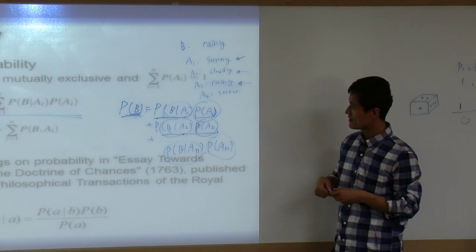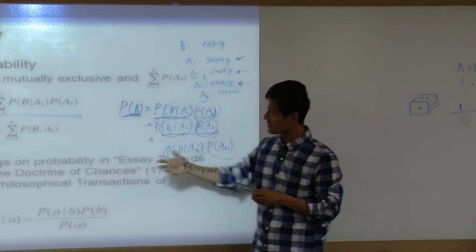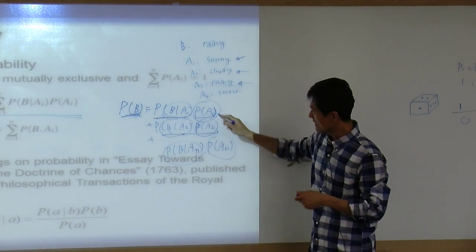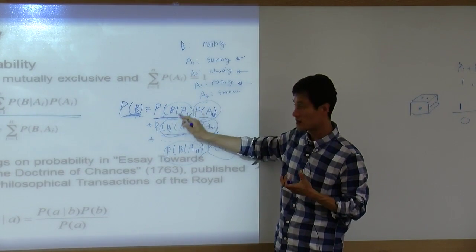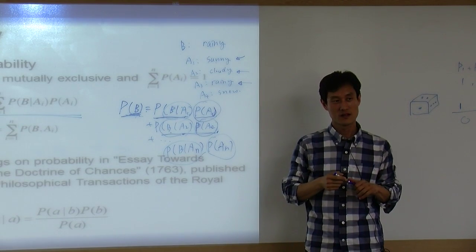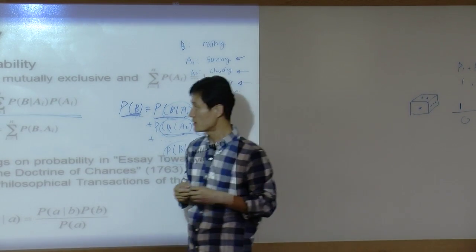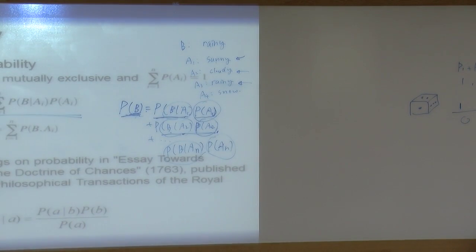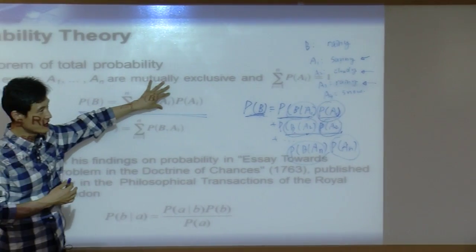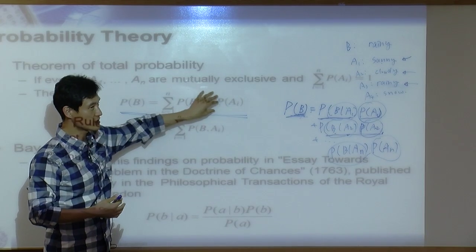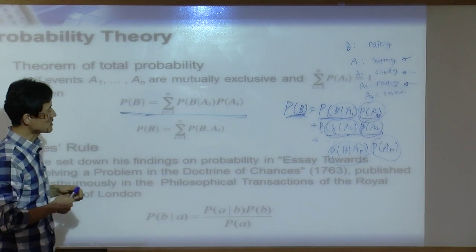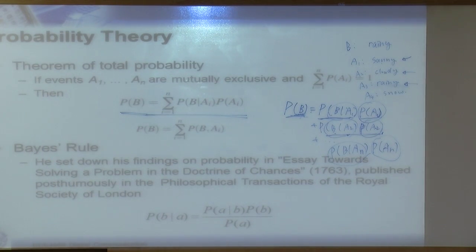But in general, when you use this equation, each one of these is very easy to get, but this is very difficult to get. So we are not going to calculate this one as it is; we are going to change it this way, get each one of these, and do this calculation instead. That's what we typically do.